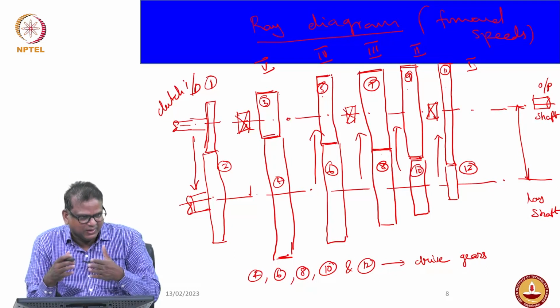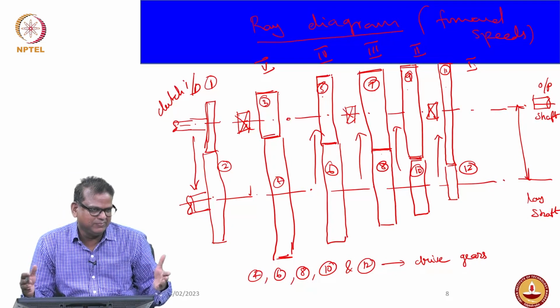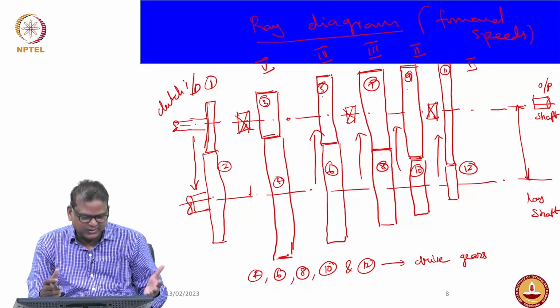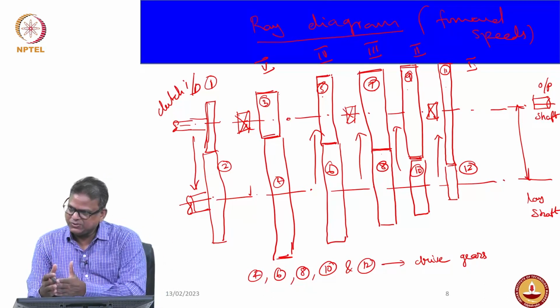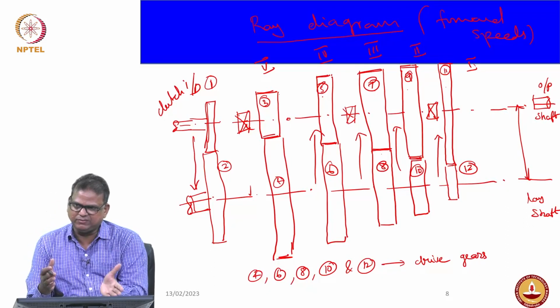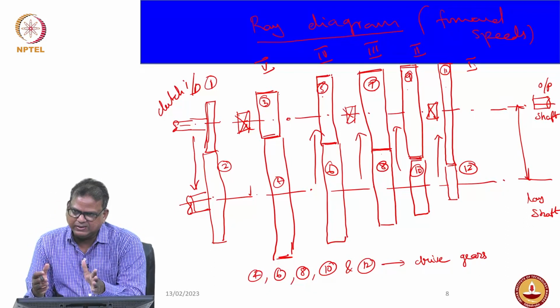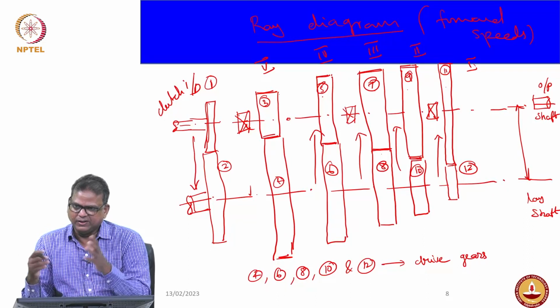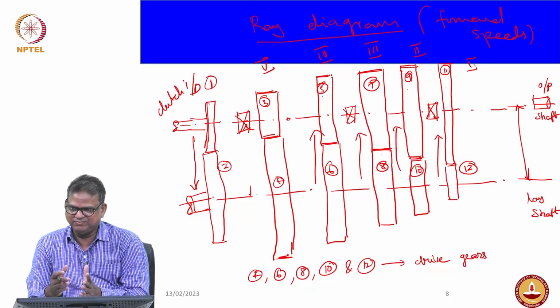Obviously, the length of the shaft will be higher if you choose a spur gear with sliding mesh. If you choose constant mesh, irrespective of helical or spur gear, the shaft length will be reduced.